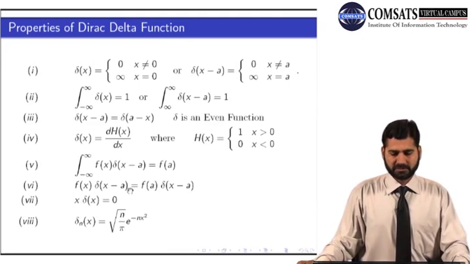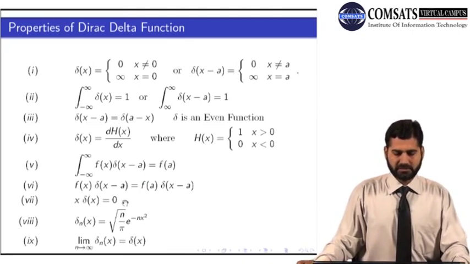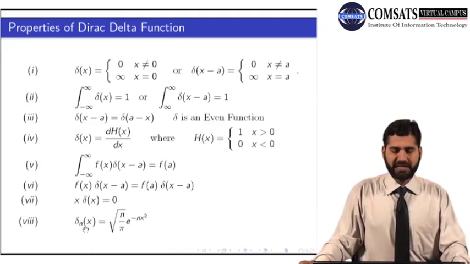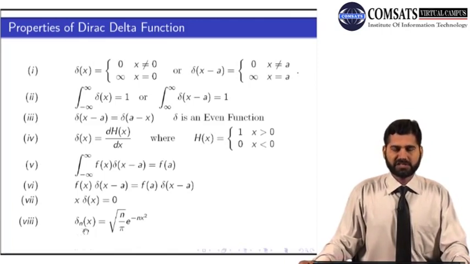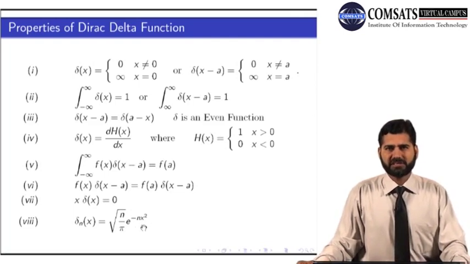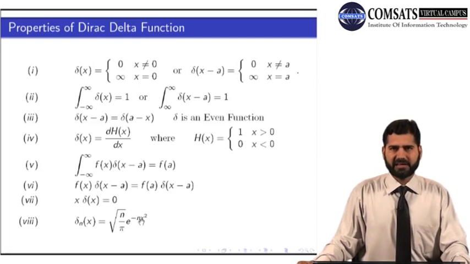And also, you can define another function, delta n of x, which is n over pi e to the power minus n x squared. It's kind of a Gaussian function, isn't it? e to the negative n x squared.